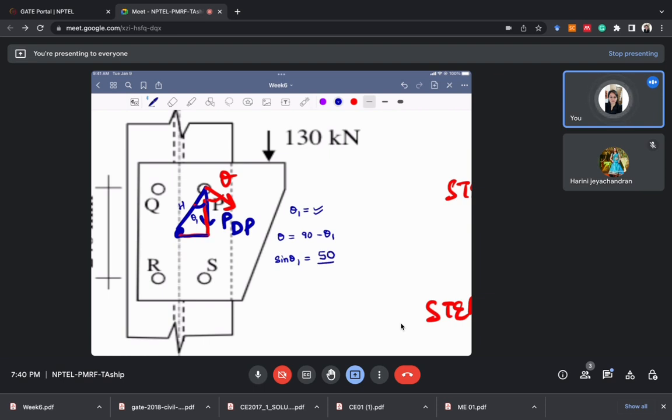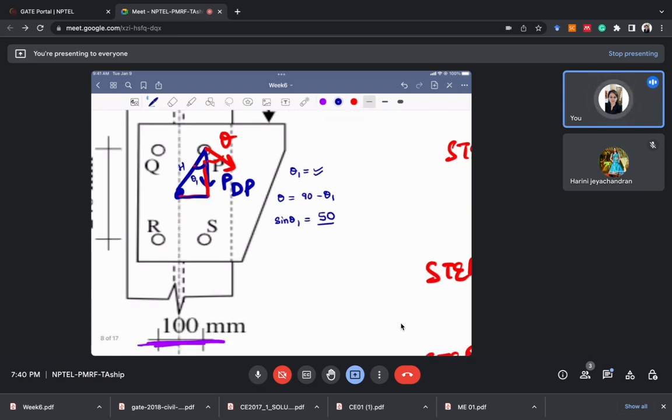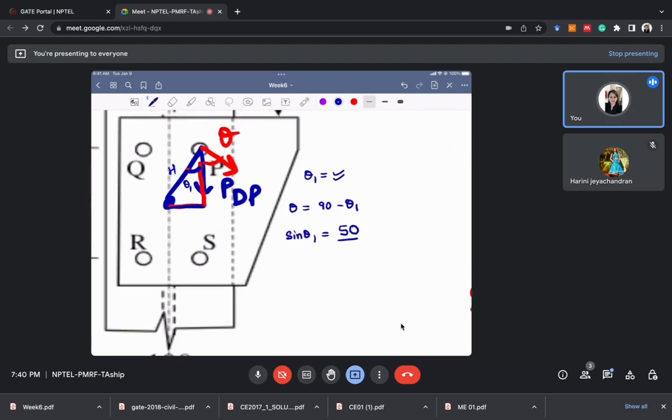This value is 50 mm, because we have already calculated it. And the hypotenuse we got as 130 mm. This H or RP was 130. So theta 1 is equal to sine inverse of 50 divided by 130.